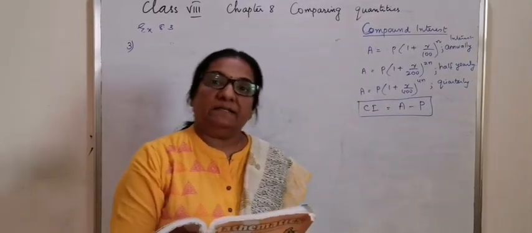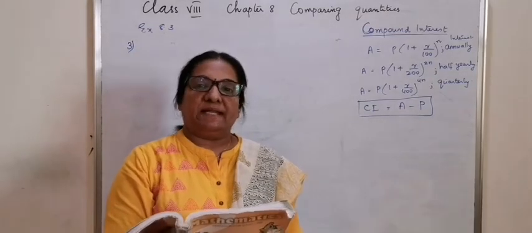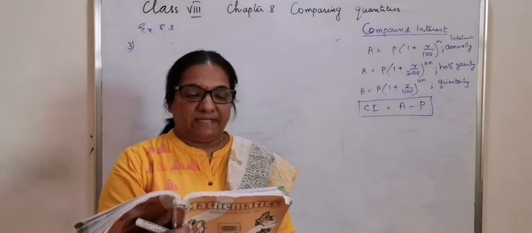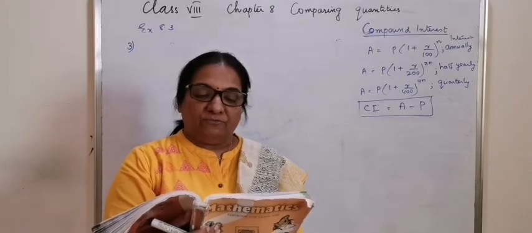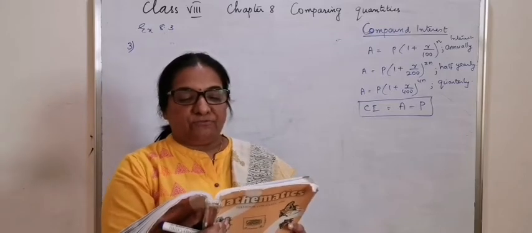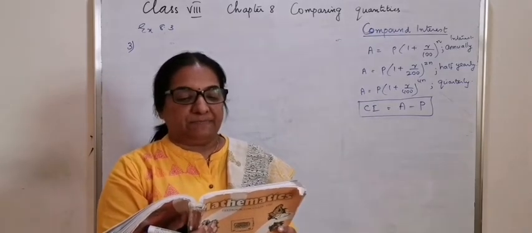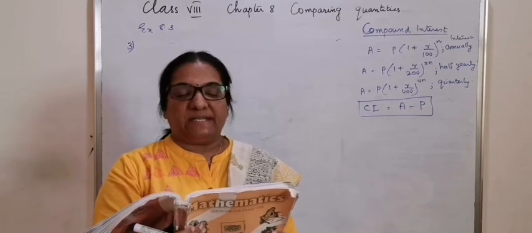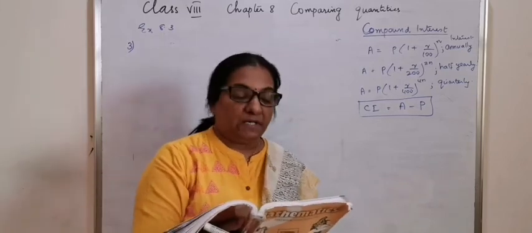Question number 3. It's a comparative study of simple interest and compound interest. Fabina borrows rupees 12,500 at 12% per annum for 3 years at simple interest, and Radha borrows the same amount for the same time period at 10% per annum, compounded annually. Who pays more interest and by how much? Both of them are borrowing.